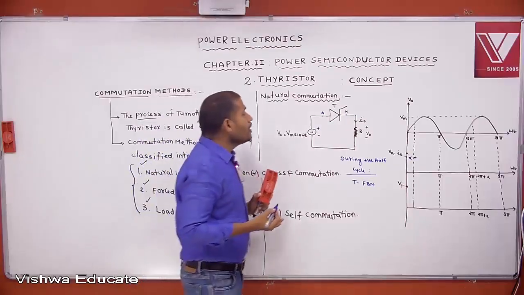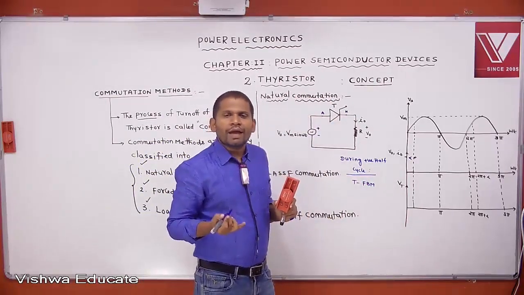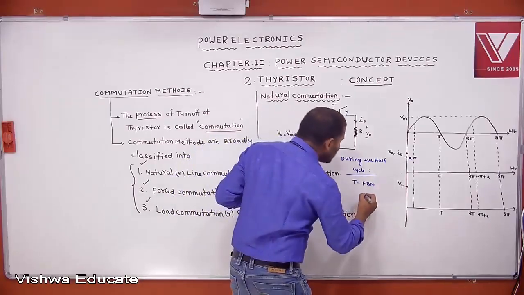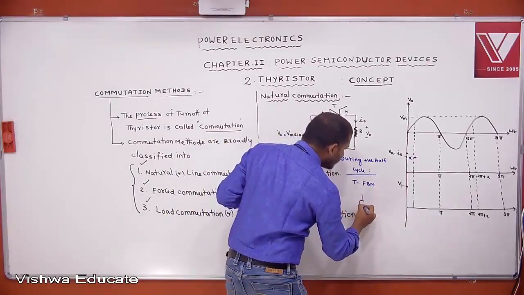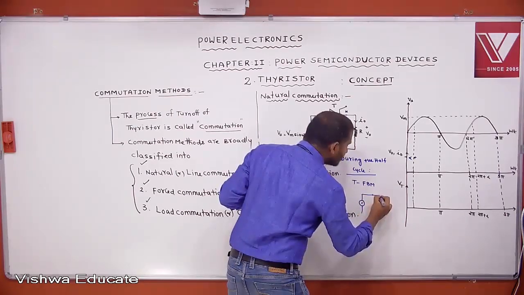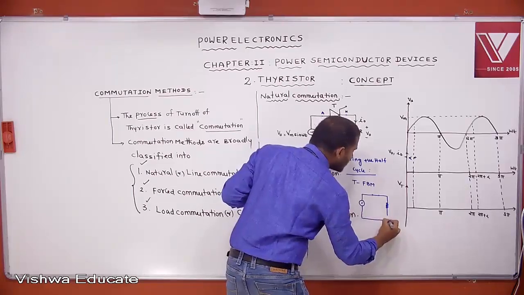Now at omega t equal to alpha, we give the triggering pulse to the thyristor, and the thyristor starts conduction like this. The thyristor acts as a closed switch.